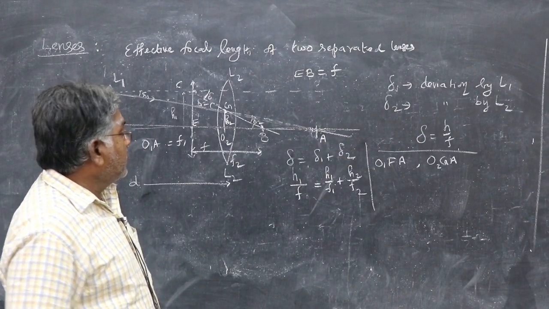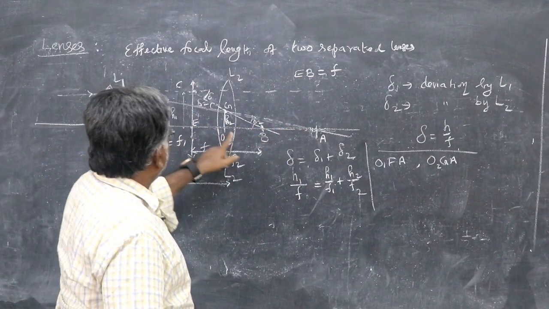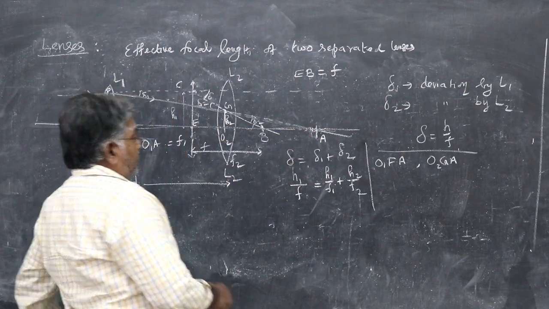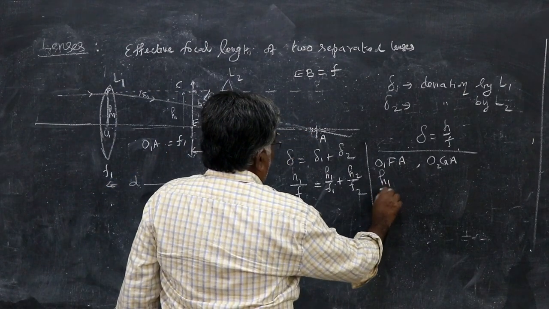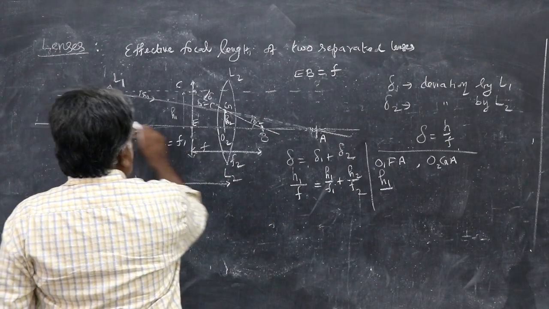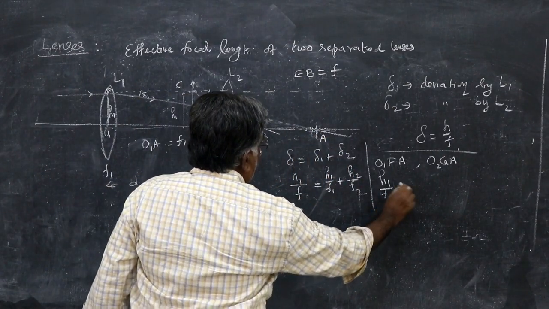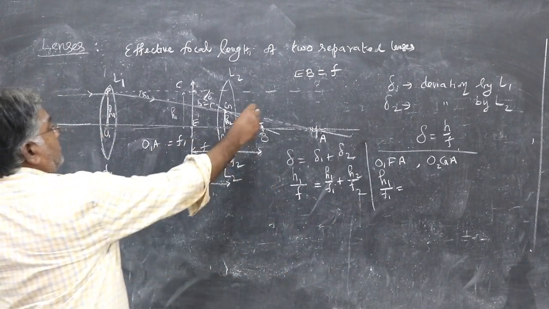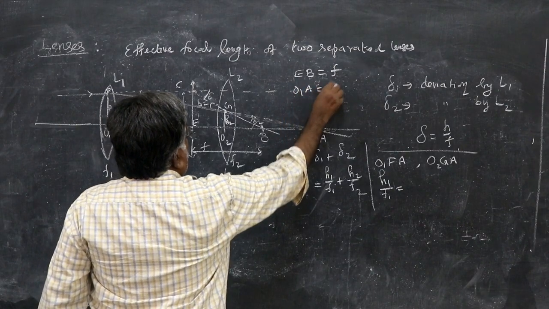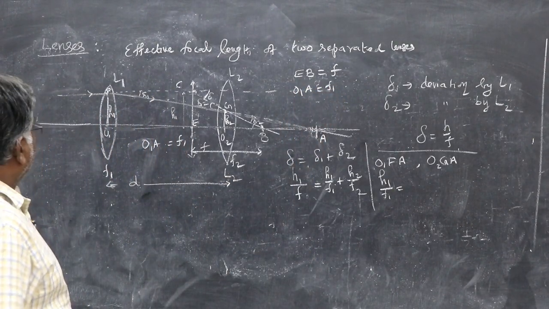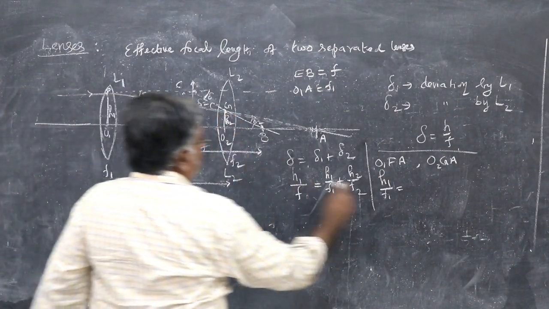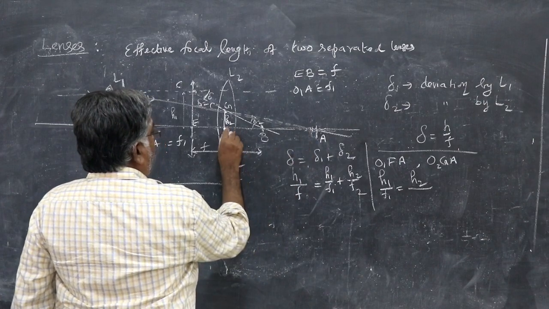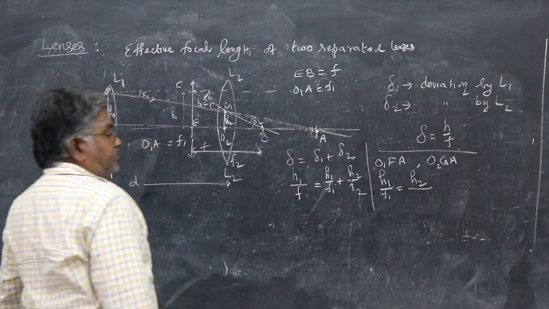So O1FA and O2GA are similar. So we can write h1 by f1. Note that O1A is f1. H1 by f1, this is h2, h2 by this distance, all the way from here to here, O2A.